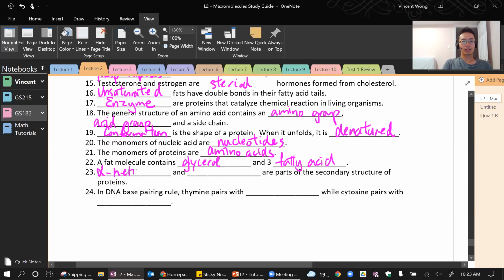Alpha helix and beta pleated sheets are parts of the secondary structure of proteins. In DNA base pairing rule, thymine pairs with adenine, whereas cytosine pairs with guanine.